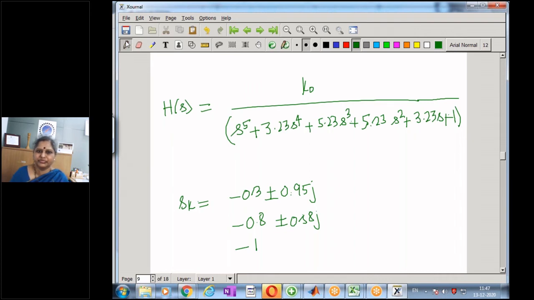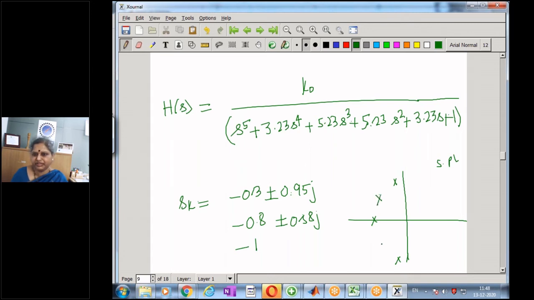So we have now computed the order. We got the location of the poles, and we also got the transfer function. If I have to draw the pole zero plot on the S plane, I have a pole at minus 1, and the complex poles at minus 0.3 plus or minus 0.95 j and minus 0.8 plus or minus 0.58 j.